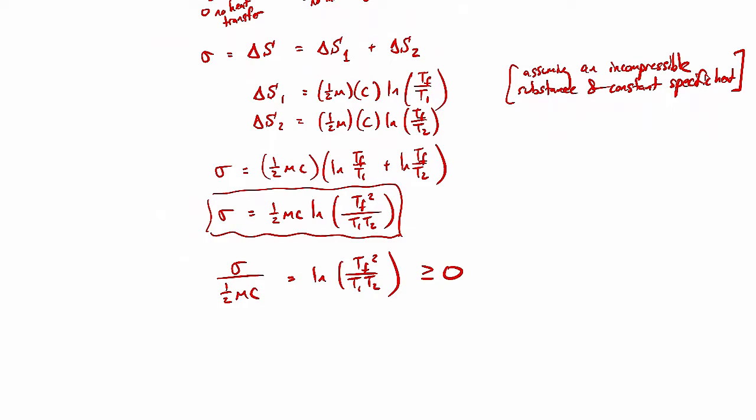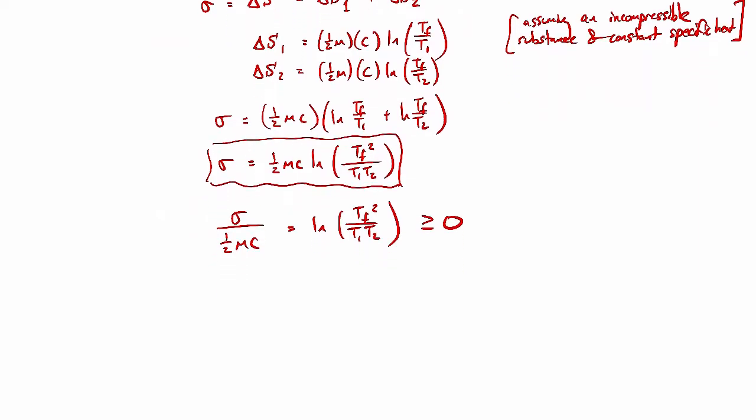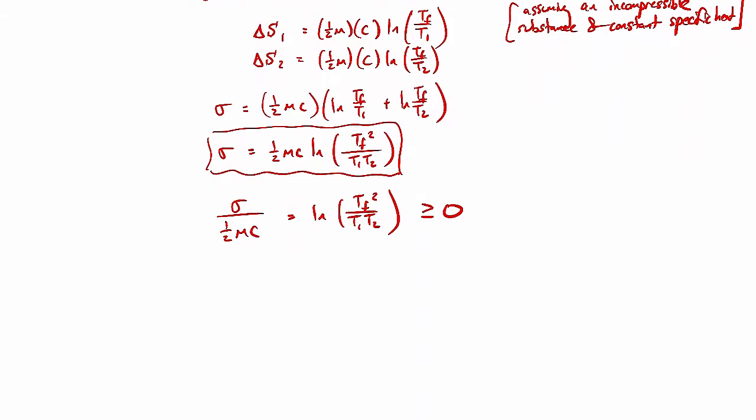If it's greater than 0, then it's irreversible. For that to happen, what must the conditions on Tf and T1 and T2 be? In order for that to be true, Tf squared over T1 T2 has to be greater than or equal to 1.